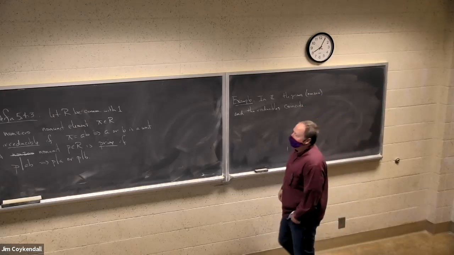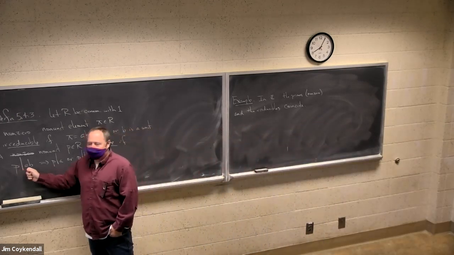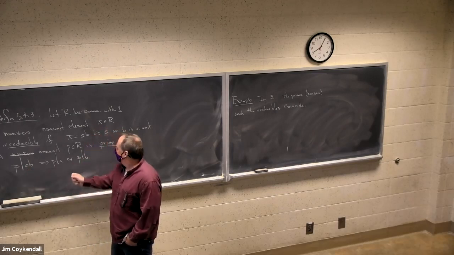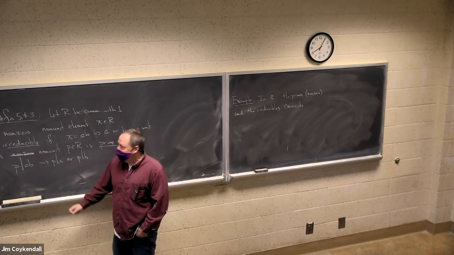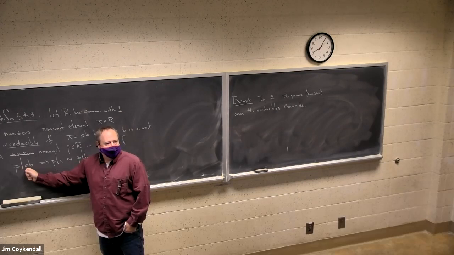Zero, if you look at this definition, is technically prime, because zero divides AB implies, in the integers, zero divides A or zero divides B, because the only element that zero divides in the integers is zero. Remember what it means for something to divide something.